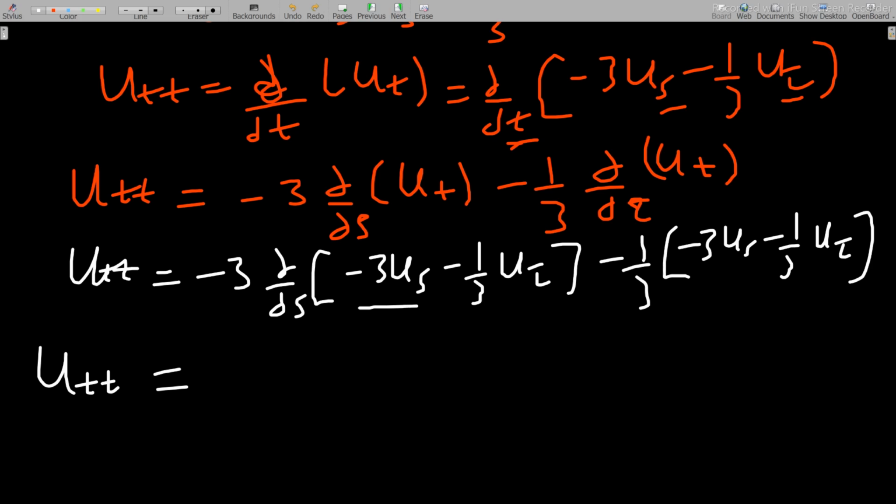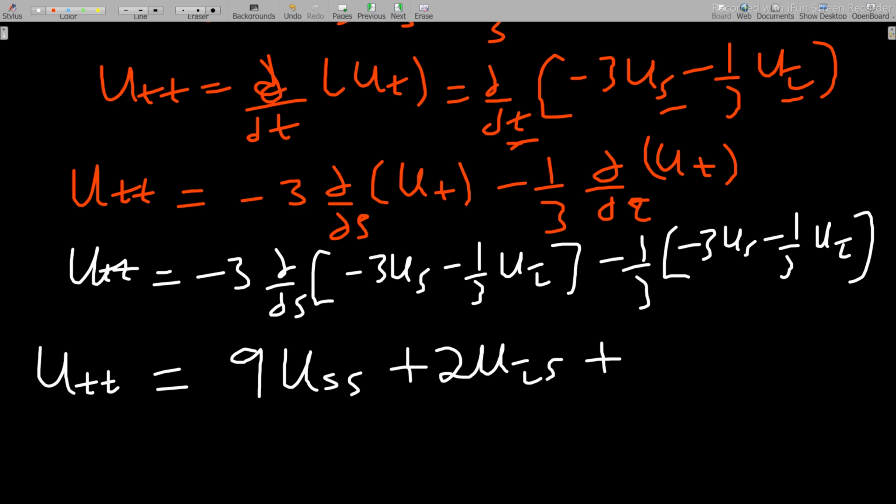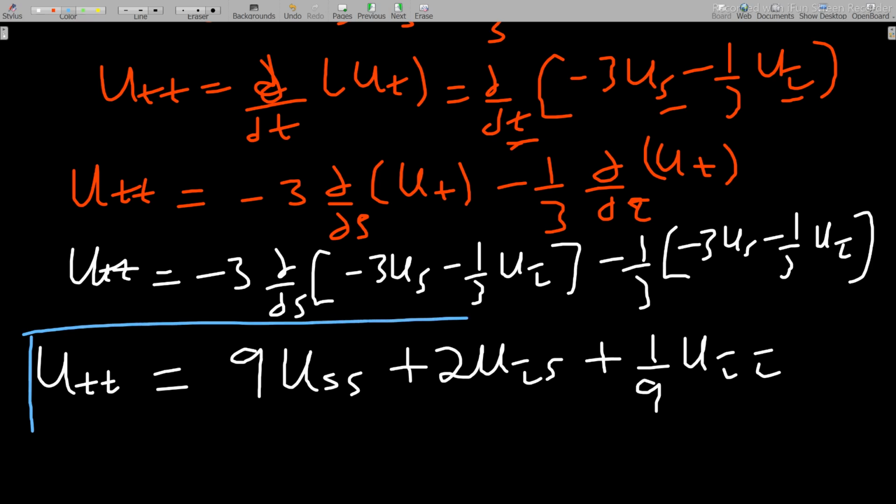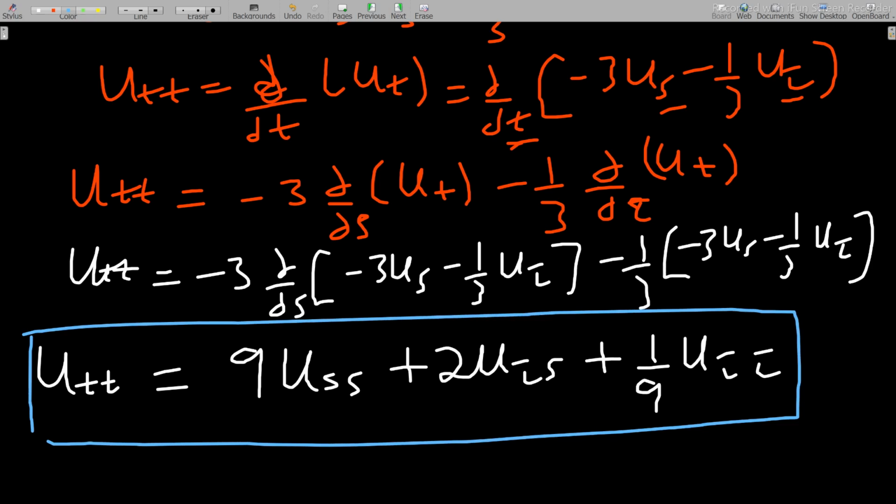I hope you can see what I'm trying to say. So in effect, after simplification, you get utt to be 9 uss plus 2 u tau s plus 1 over 9 u tau tau. Kindly go through the derivations to get this. I know you can do that because you've done this in our first discussion, how to do partial derivatives using the chain rule. So this is my utt.